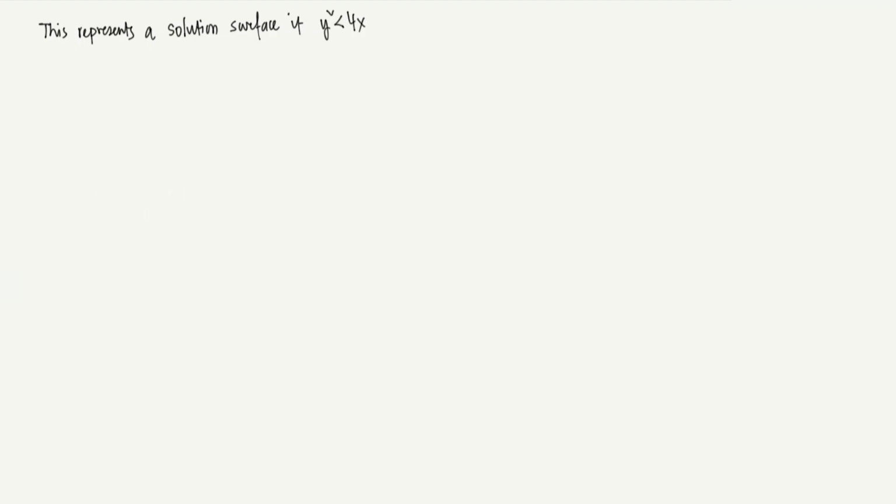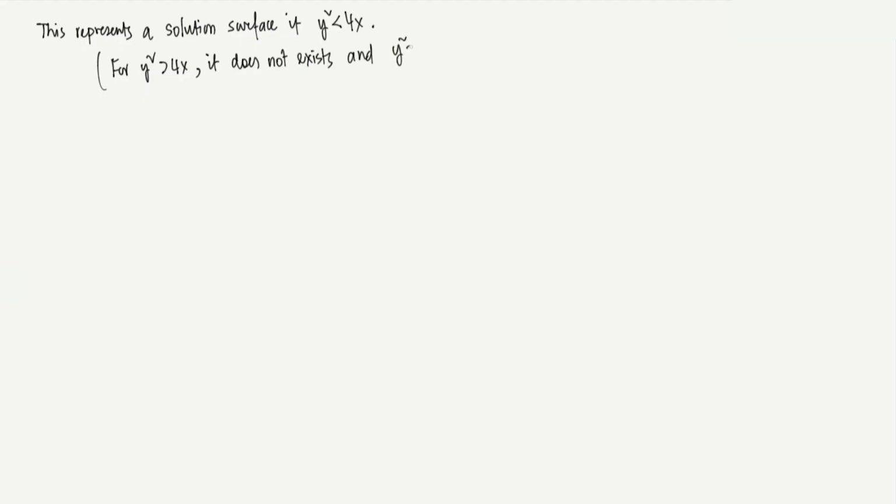When y square is greater than 4x, the solution does not exist, at least in real variables, and of course they are not differentiable at y square equals 4x. So for y square greater than 4x, it does not exist, and when y square equals 4x, it is not differentiable.